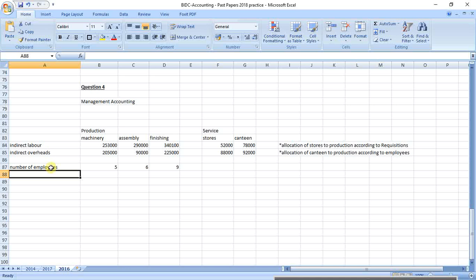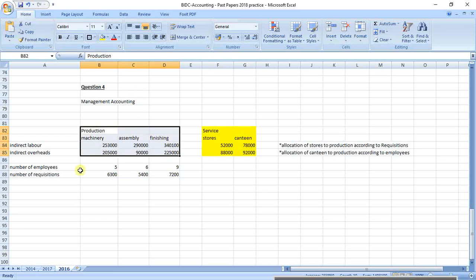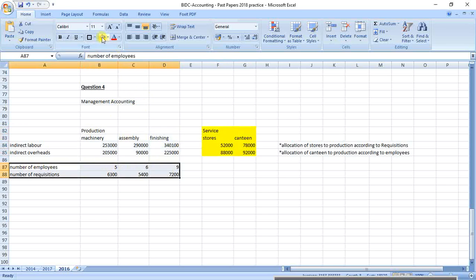See, there's that basis of allocation. Number of requisitions: 6,300, 5,400 and 7,200. Now you've got that, I can do the allocation. I'm allocating those costs to those departments based on that basis.